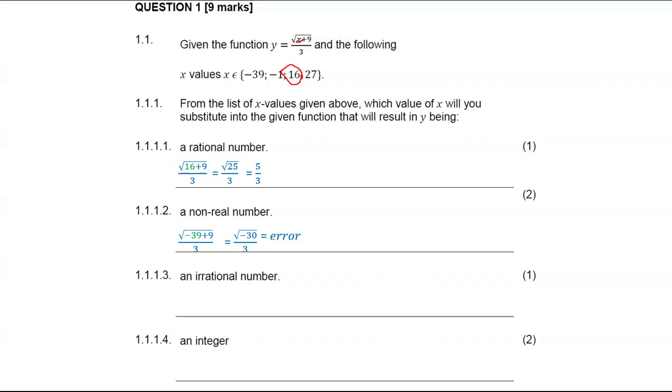You got it. Irrational numbers are numbers that cannot be expressed as a fraction. They include non-finite and non-recurring decimals, okay? So for me to do that, I substituted negative 1 where there was x.